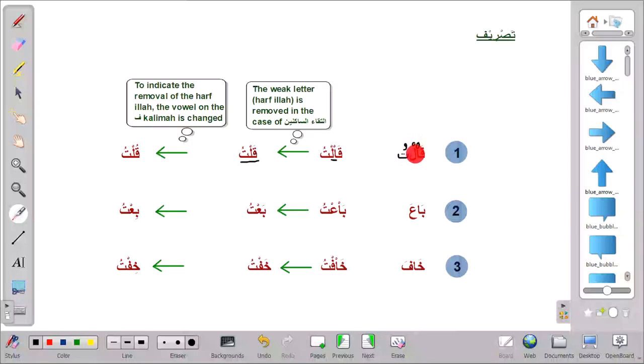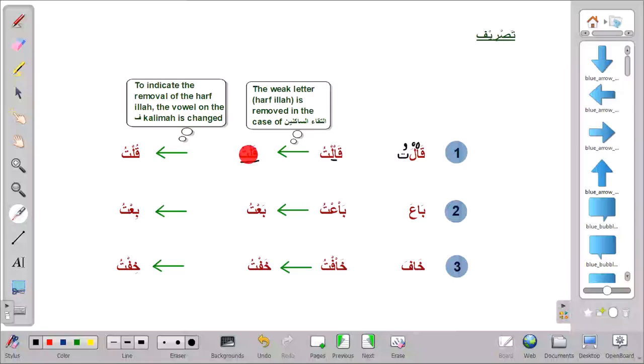But if we do that here, you see there will be a problem, and that's the iltiqa sakin, and two sakins will be meeting, and that's not possible to pronounce. So what do we say? We say when there is iltiqa sakin or two sakin letters in a word, you simply remove the harf al-illa. The weak letter will be removed to make it pronounceable. So if you do that, it will now be something like this: qalatu.